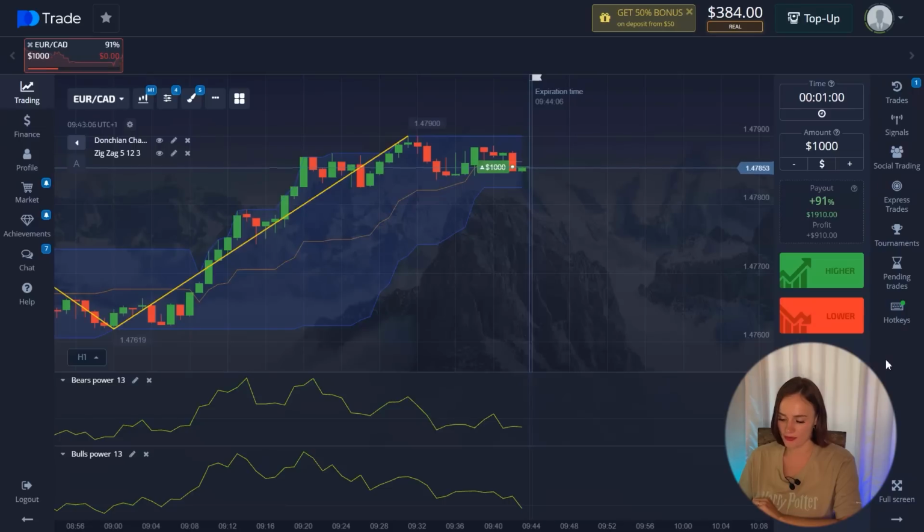At the same time, the bear's power indicator line was actively moving, from which I concluded that the strength of sellers is unstable at this point in time, and buyers may well overcome them. I also took into account the strong resistance to the decline of quotations in the area of the middle line of the donkey indicator, which only confirmed the signals of the bear's and bull's power indicators.